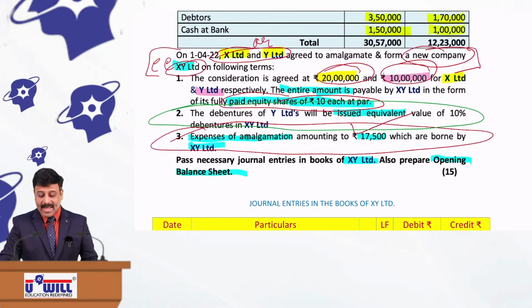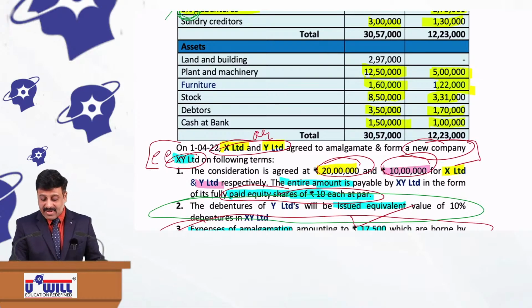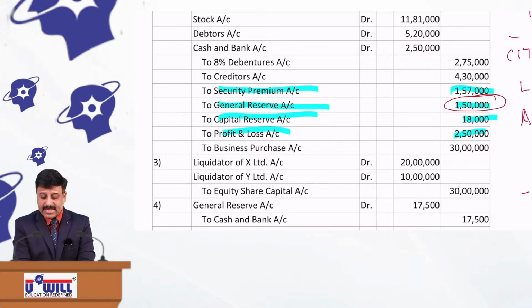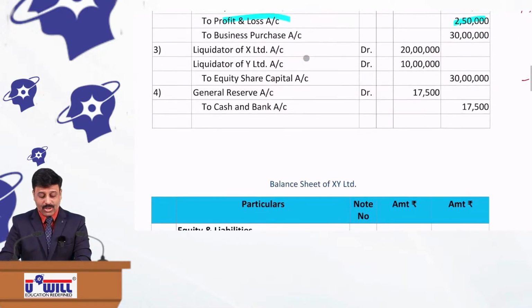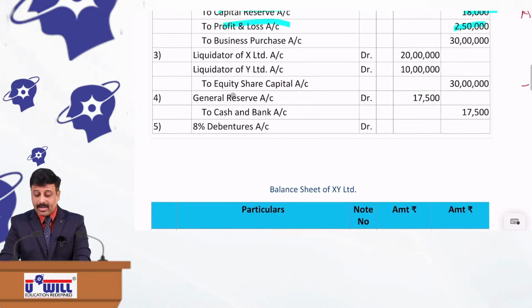Okay, so debentures, but what is the difference? This 8% debentures are given 10% debentures. So what we will do is, these 8% debentures account, we will reverse and debit and close them. So entry will be 8% debentures account debit. Okay, what amount?